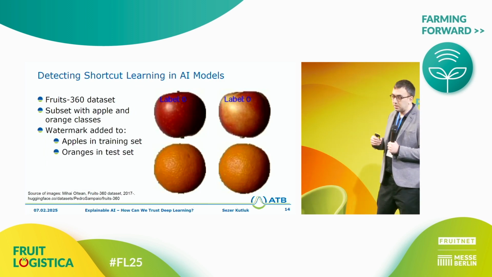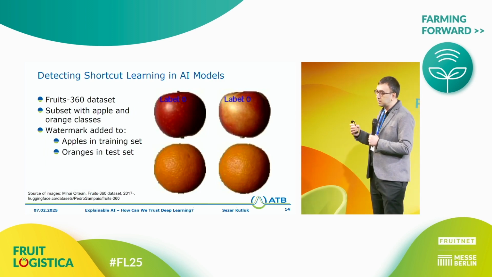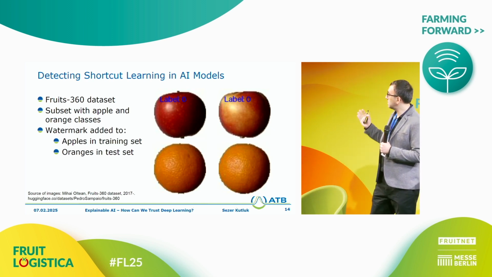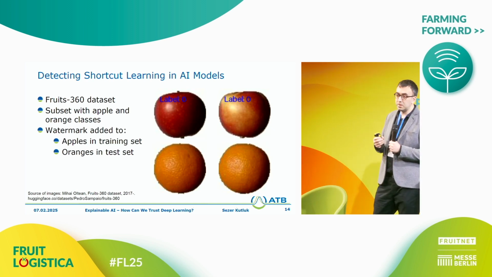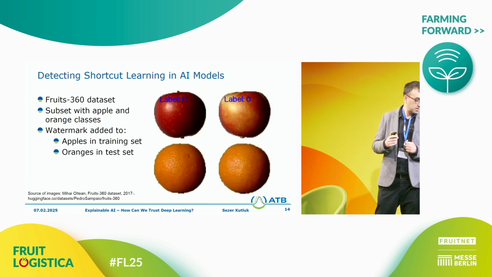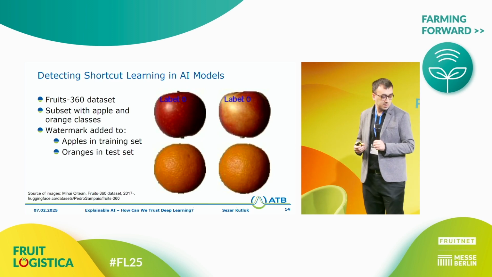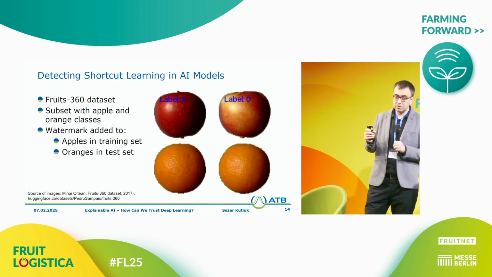For this presentation, I wanted to simulate this shortcut learning on another data set. Again, it's a very simple image recognition example. I selected some subsets of apples and oranges from the Fruits 360 dataset, and I added a watermark on the apple images.